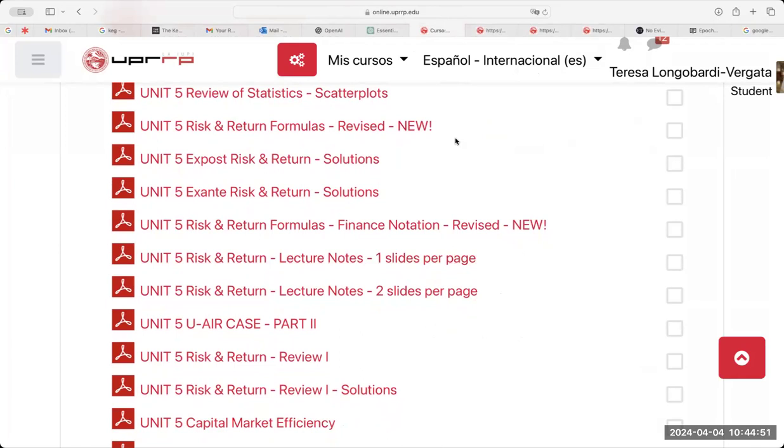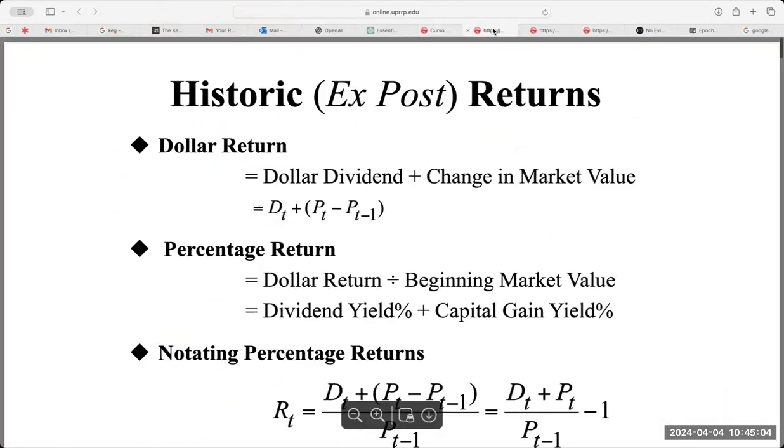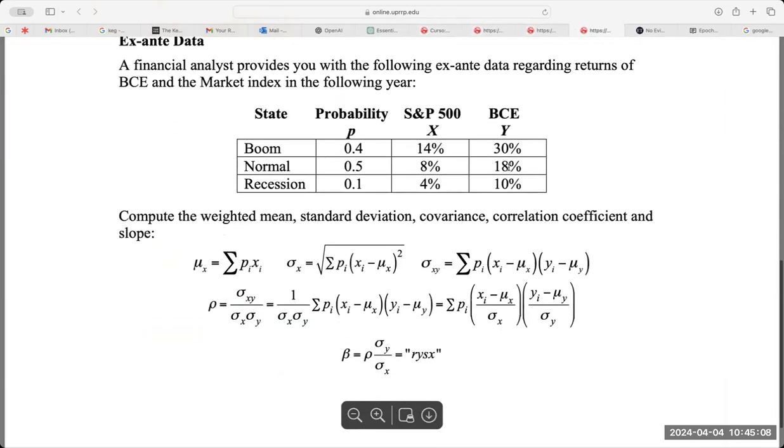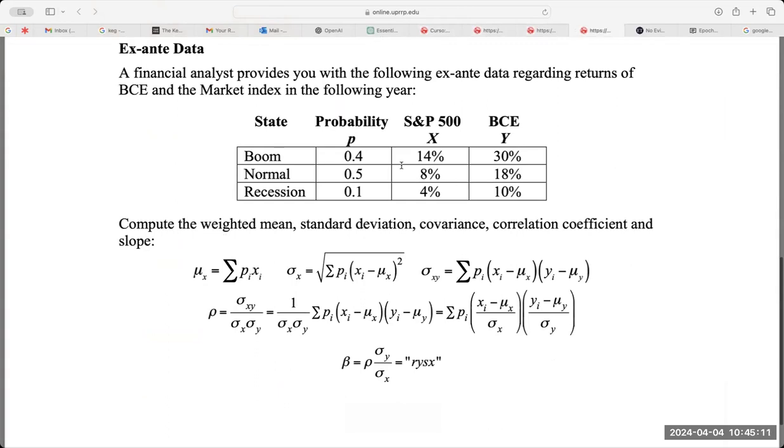Emilio. Yes, I have a doubt about something from the material, about ex ante and ex post. We use ex post when there is population data, or how do I identify it? When it's given with a probability, basically.